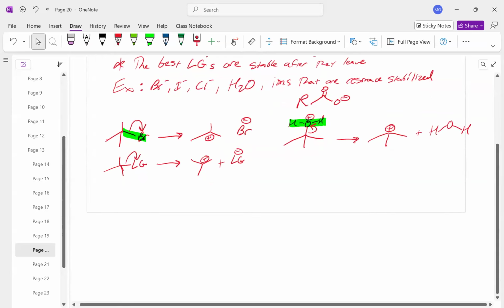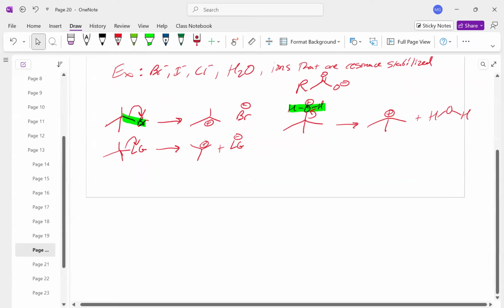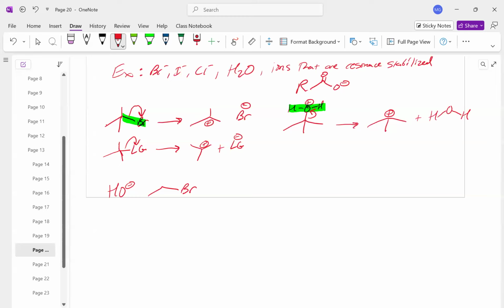Now, quite often, leaving groups leaving are combined with other steps. So let's take a look at this example here. We're going to take hydroxide and react it with this compound to make an alcohol and Br minus. Now, let's go through our exercise of first identifying what happened here.